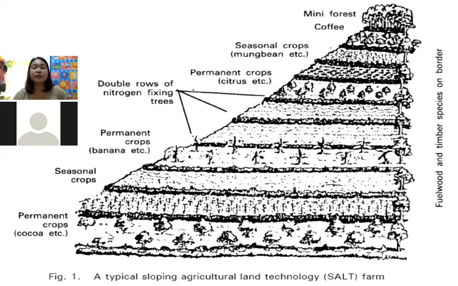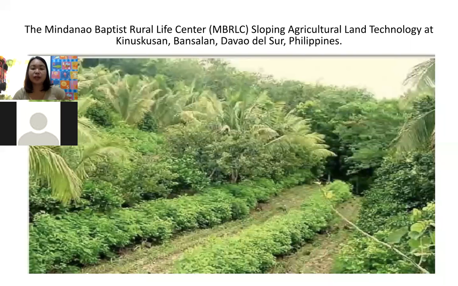Then permanent crops like citrus, then seasonal crops again like mung bean and coffee. At the top, you have to maintain the mini forest because trees are very important in the conservation of water and also of land. So this is the actual photo found in Bansalan, Mindanao Baptist Rural Life Center.